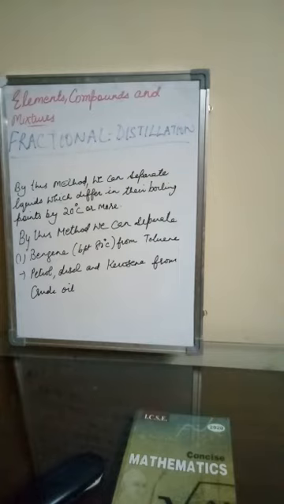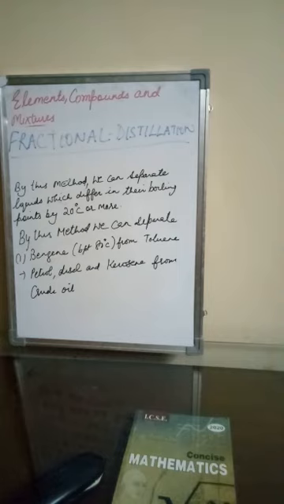Now boys, as long as the lower boiling liquid continues to distill, the temperature remains constant. After the lower boiling liquid has distilled off, students, the higher boiling liquid begins to distill and the temperature rises. The receiver is immediately changed and the higher boiling liquid is collected separately.